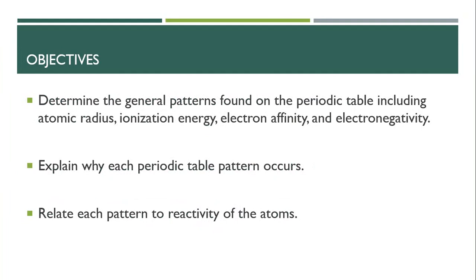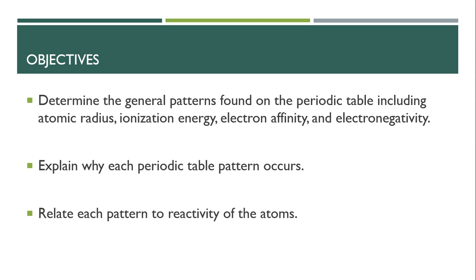So we're going to take those four properties of elements on the periodic table, and we're going to see how the periodic table is laid out in such a way to be able to predict changes in those properties. We're going to look at each one of them independently, individually, and hopefully be able to come to consensus.